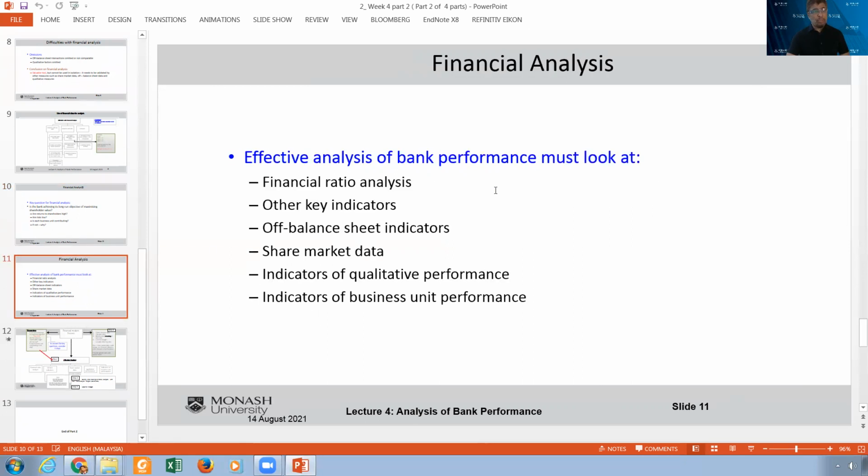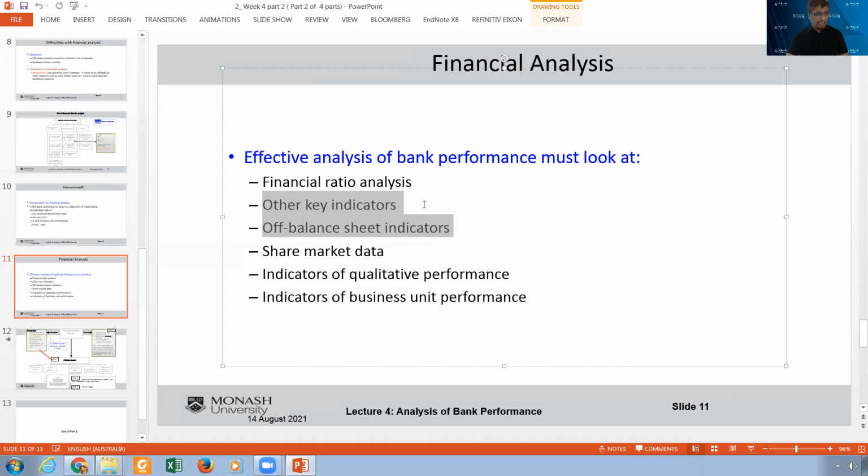Therefore, we move to the effective analysis of bank performance. We have to look at the financial ratios, but also at other key indicators, including the off-balance sheet and the share market data, indicators of qualitative performance, and indicators of business performance.